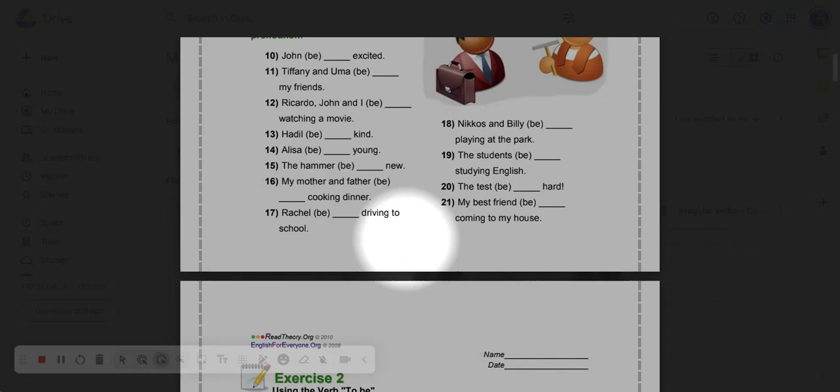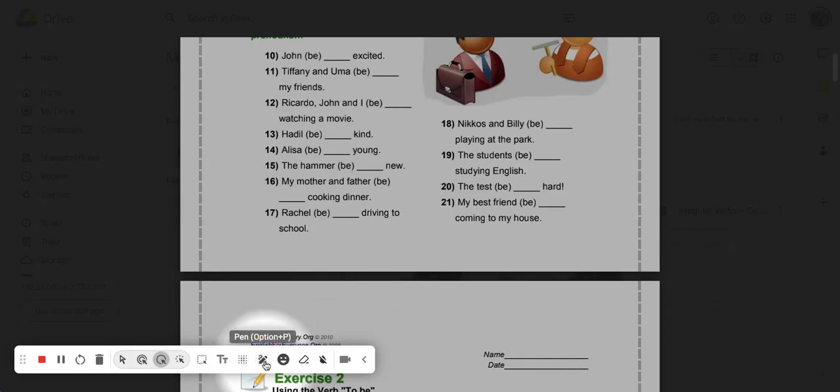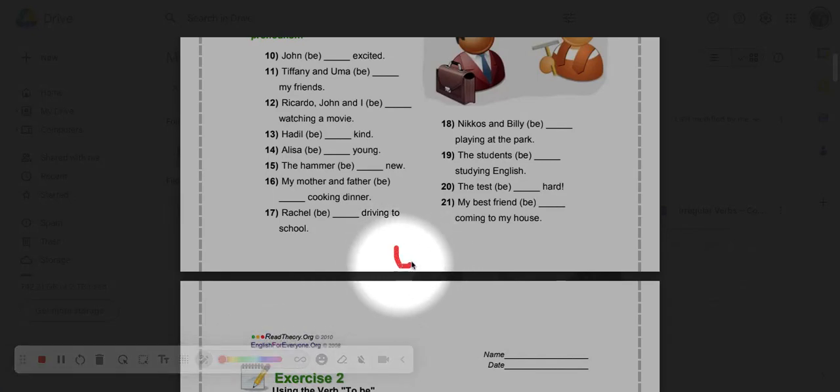My favorite example is the shortest verse in the Judeo-Christian Bible, which is why I've memorized it. Jesus wept. Wept, W-E-P-T, is the past form of the word weep, W-E-E-P, which means to cry.